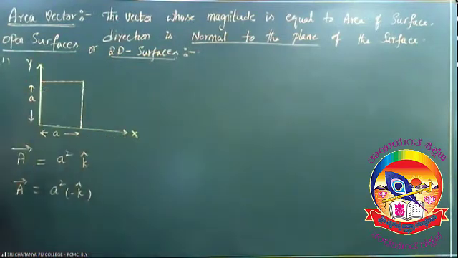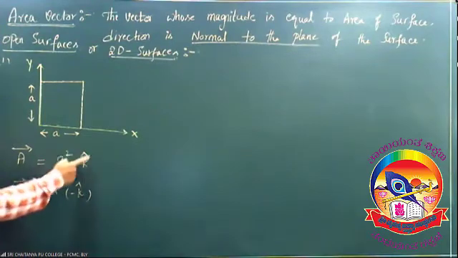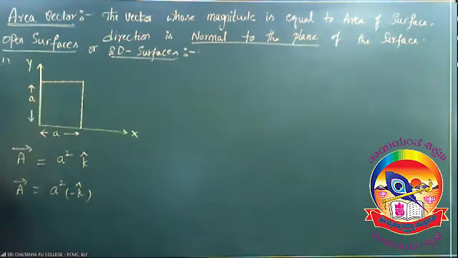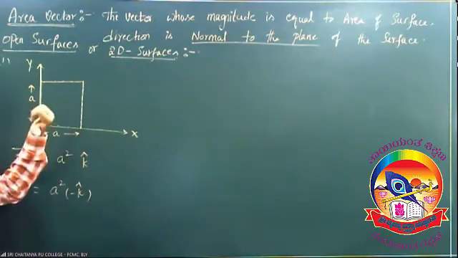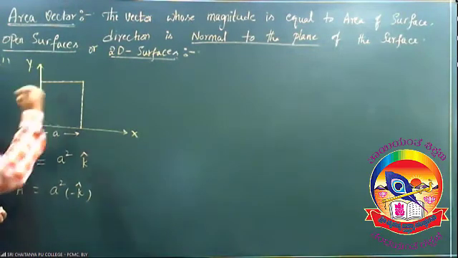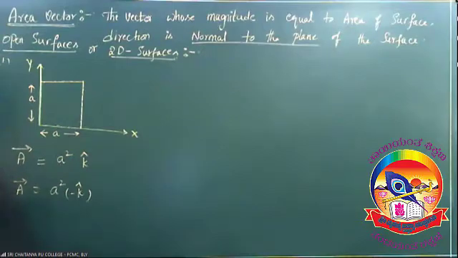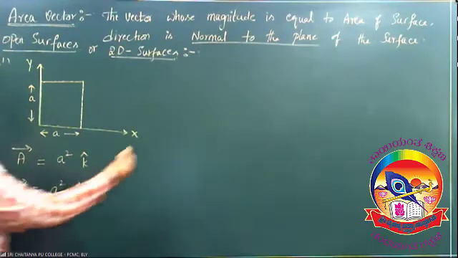These are called open surfaces, right? Or two-dimensional surfaces. For two-dimensional surfaces, this is the way of writing. Okay. Magnitude, direction is normal to the plane. While taking normal, it may be an outward normal or an inward normal, right?